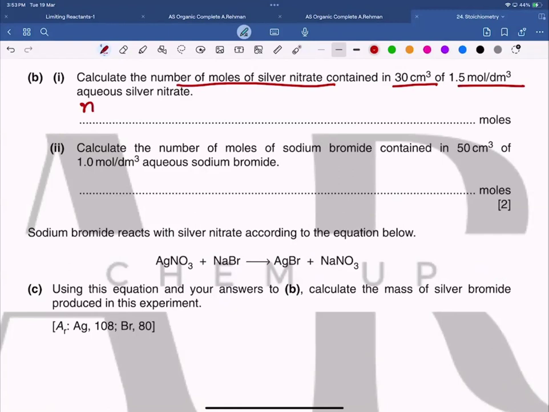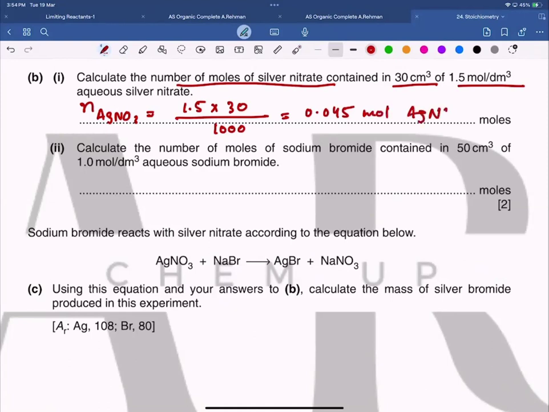Okay, let's calculate the moles of silver nitrate. Concentration is 1.5 times 30 divided by 1000, so it is converted into dm³. That gives 0.045 moles of silver nitrate.